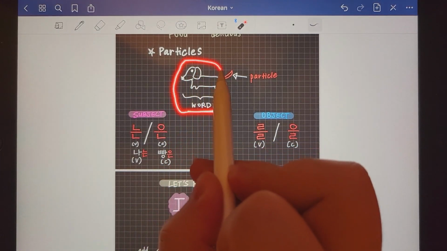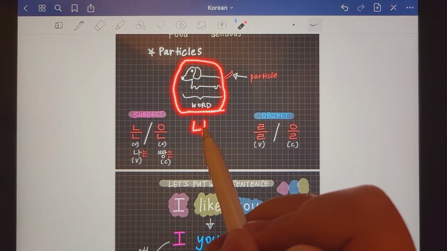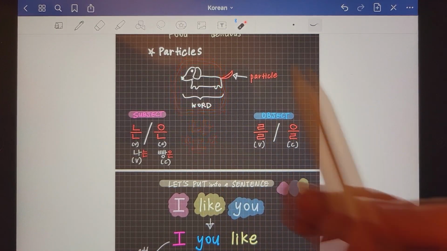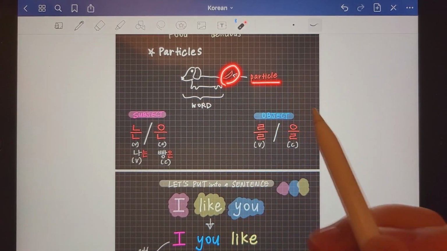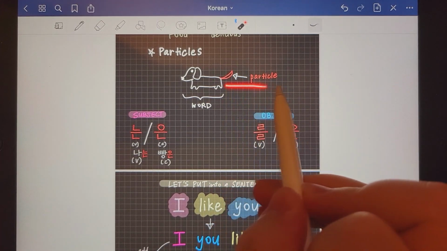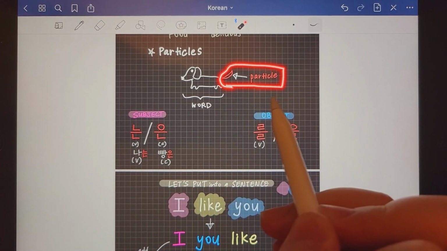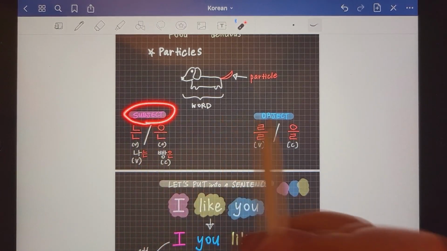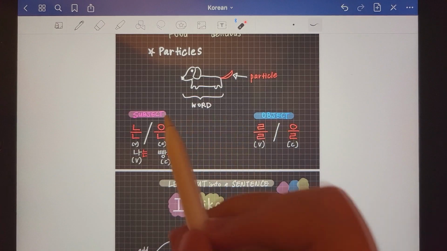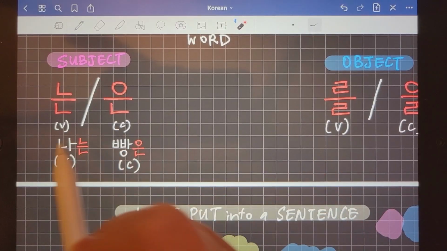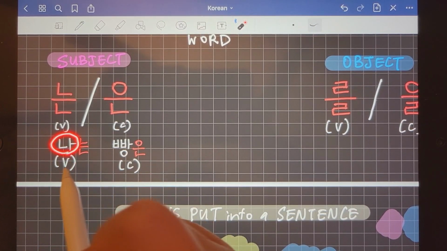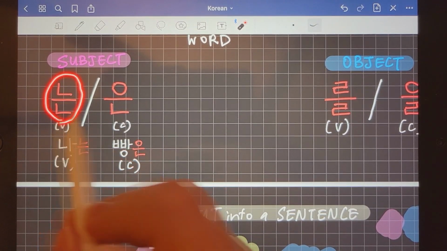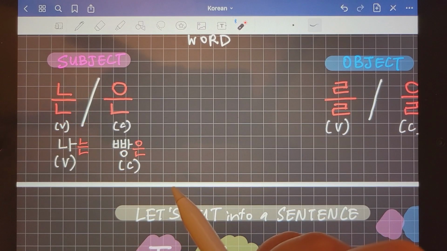Again, da is the word, and we are looking for the particle that is attached to it, like a dog's tail. Now, this particle can be any of the ones below. Which do you think it is? Subject or object? It is the subject because the da, as we said, is the subject, and it also ends in a vowel, so we're going to use dun as our tail.